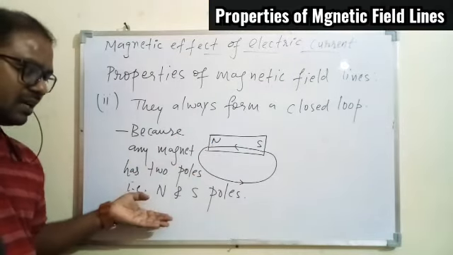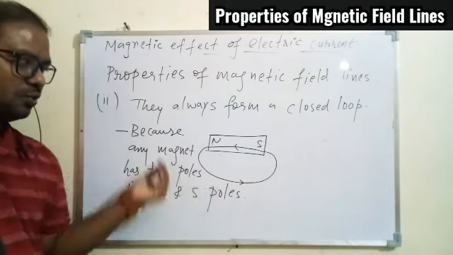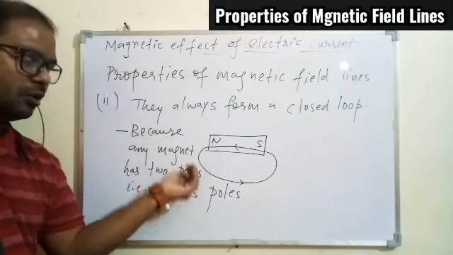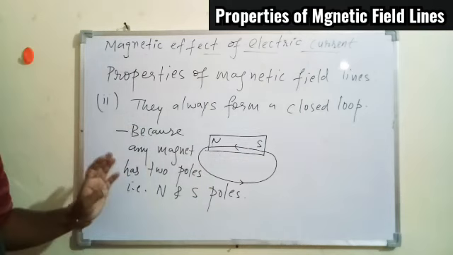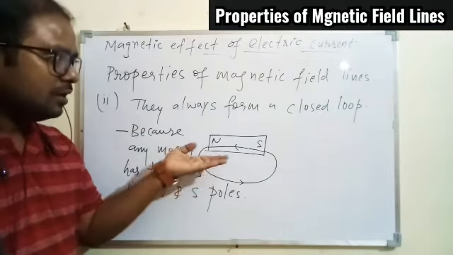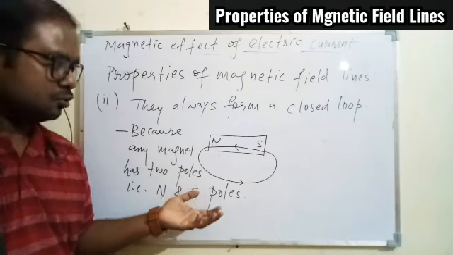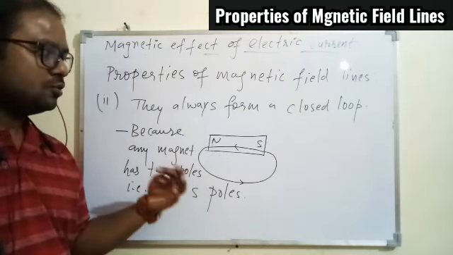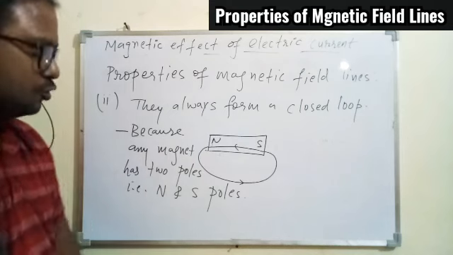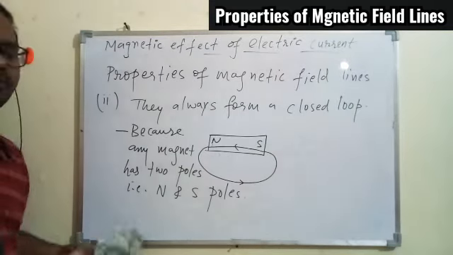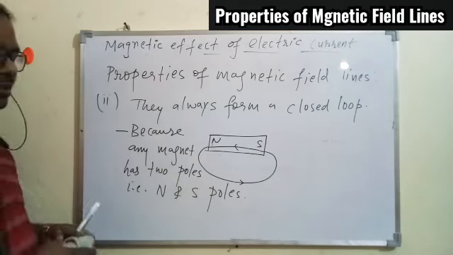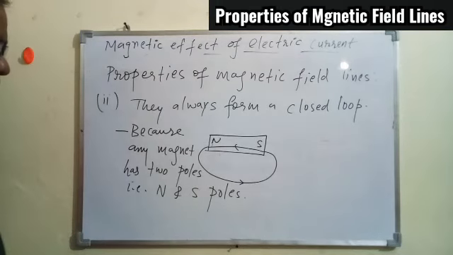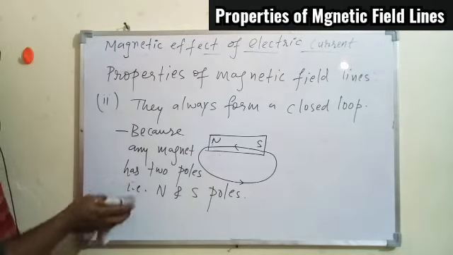We can say since every magnet has a north and a south, it has to form a closed loop starting from north and coming back to south. And the question may also come, why is the monopole not possible? We can say it the other way. Since magnetic field lines always form a closed loop, the monopole cannot exist. We can answer either way and both are okay, not to worry. So that is one thing we understood here. I hope it is clear with the help of this.